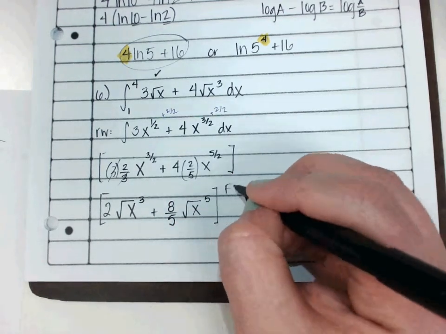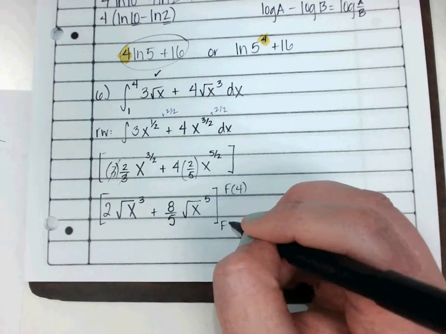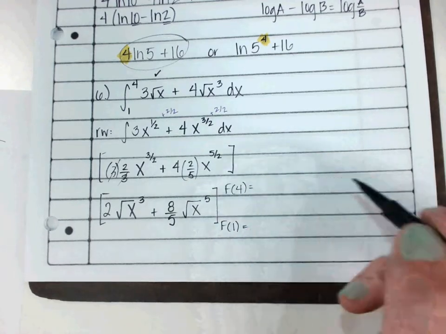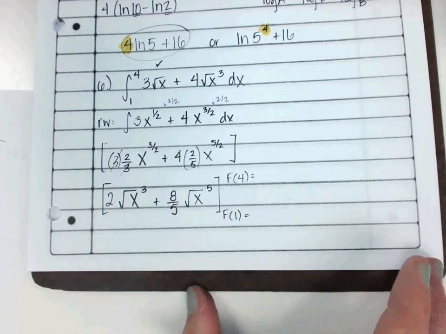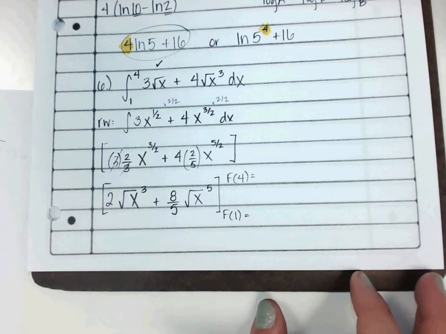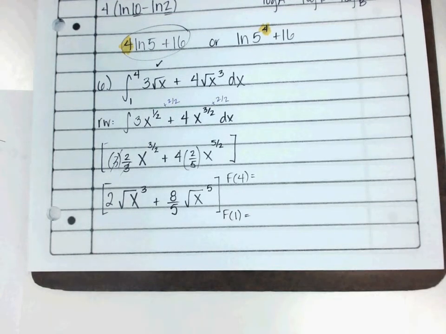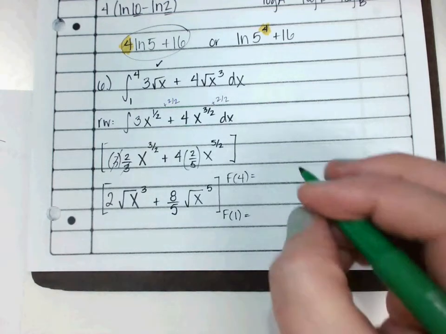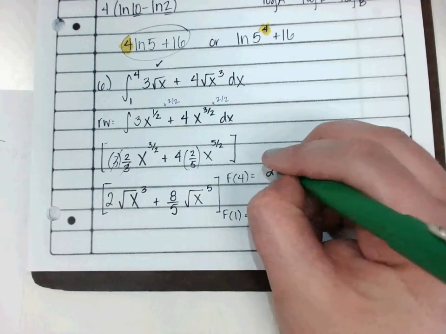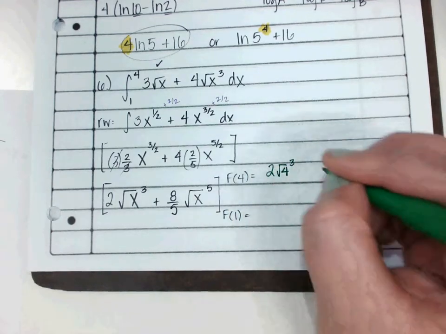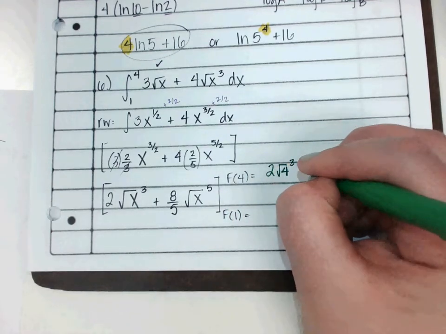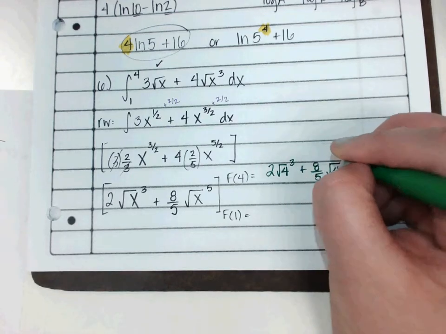On the top, I will plug in 4. On the bottom, I will plug in a 1. When you are plugging these numbers in, remember that you should always do the radical first and the power second. So when I'm doing this first one here, I would do 2 square root 4 cubed plus 8/5 square root 4 to the 5th.